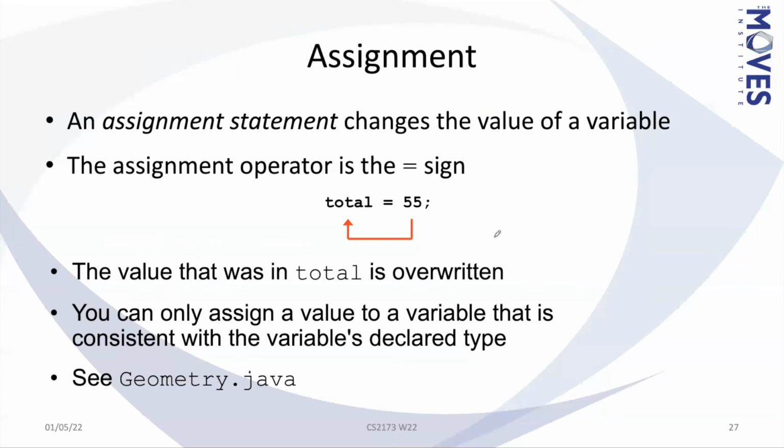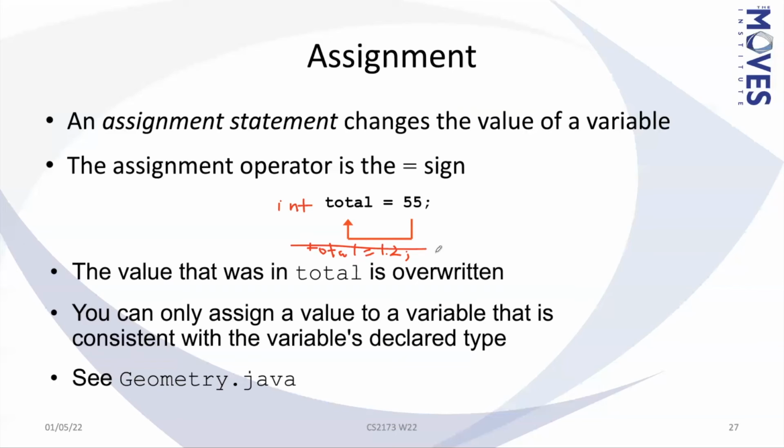And here's also where the gotcha comes in a little bit, and the strong typing. So if total was defined to be an int, and I tried to say total is equal to, say, 1.2, okay, my intent is clear, but this is not going to work.